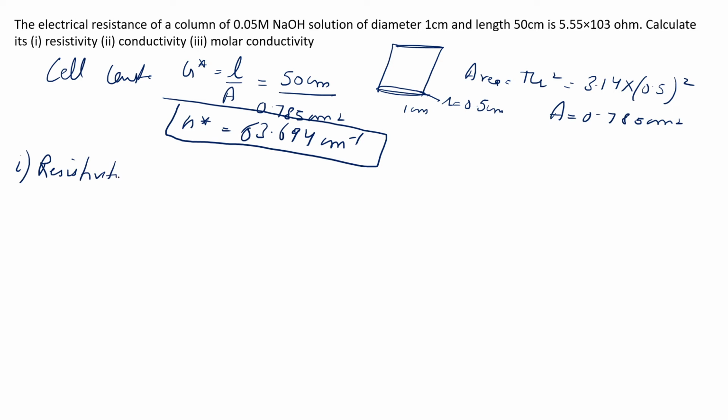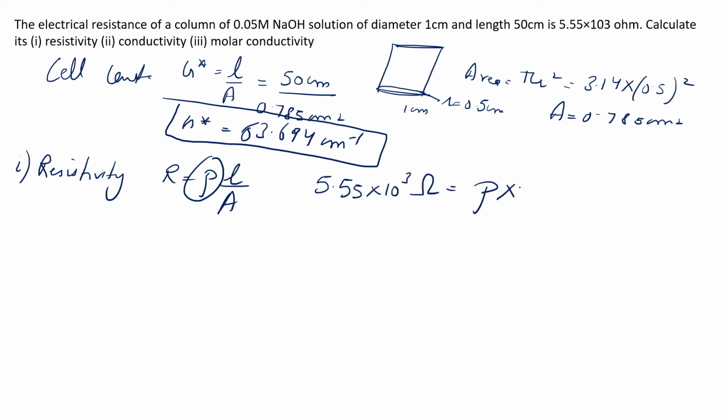Resistance is equal to rho L over A. We need to calculate this rho, and we have already calculated the G star, that is the cell constant. Resistance, they have mentioned, the electrical resistance is 5.55 into 10 raised to power 3 ohm. The cell constant we have already calculated, 63.694 centimeter inverse.